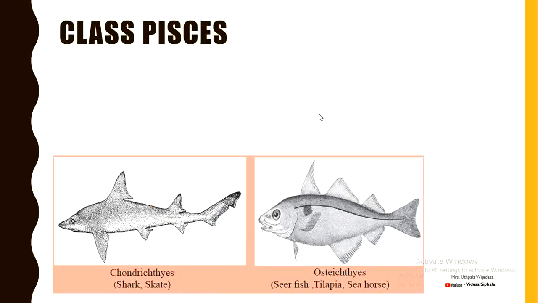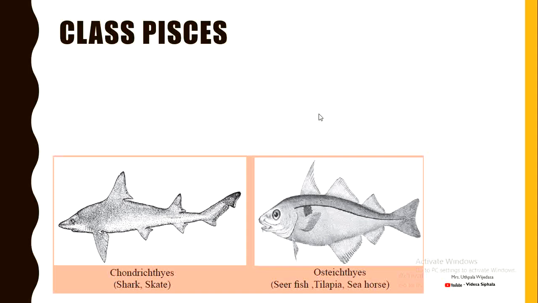First we'll consider class Pisces, to which bony and cartilaginous fish belong. If we consider the examples, there are so many fish species like skates, seahorse, butterfly fish, tilapia, goldfish, spearfish.